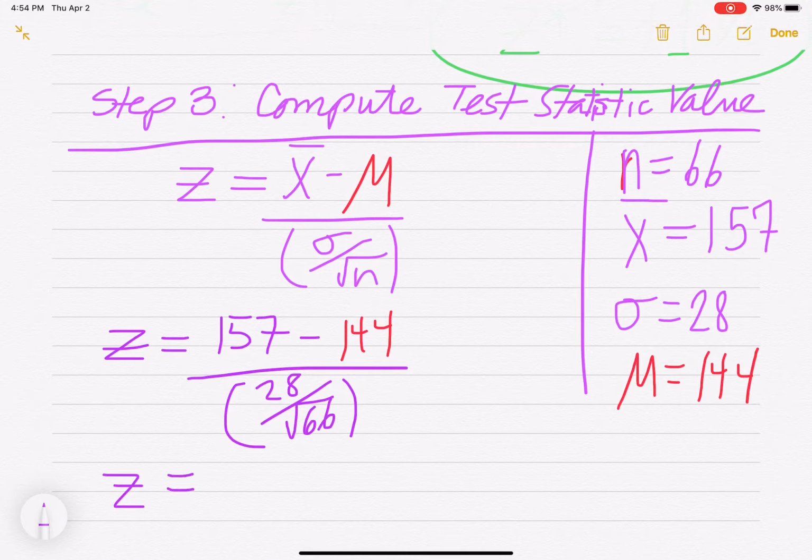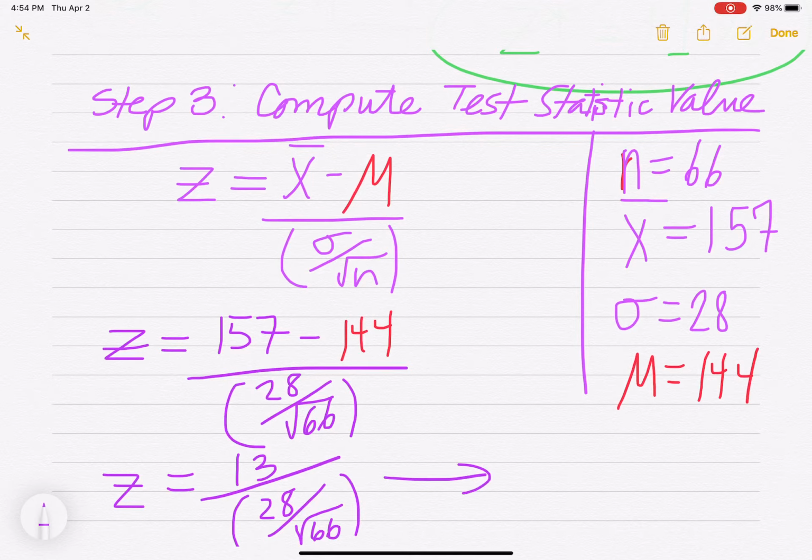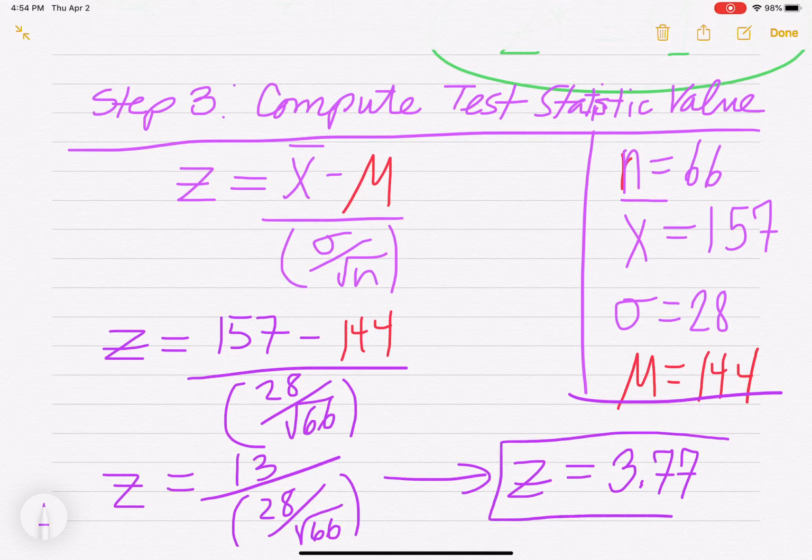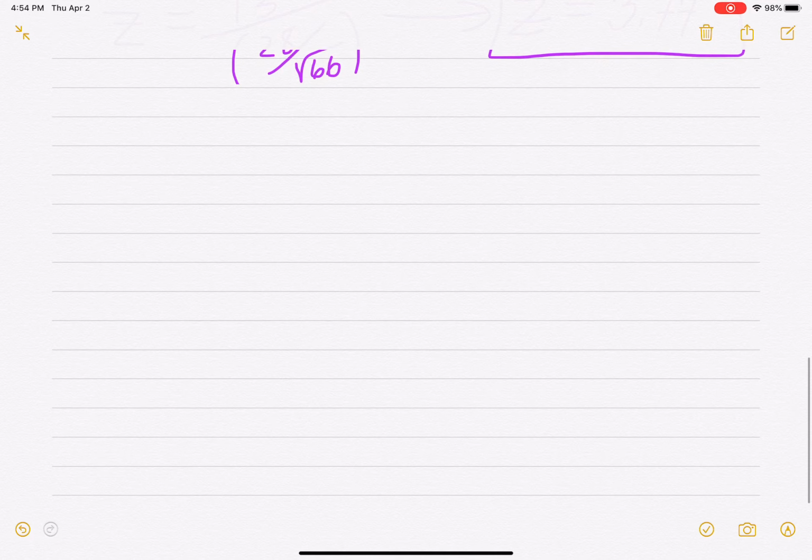It's going to be 13 on top, and on bottom we're going to have parentheses, 28 over square root of 66. So make sure when you plug in, you do 13 divided by parentheses, 28 divided by square root of 66, close parentheses, and the enter button. You should get 3.77. Take it to 2 decimal places when you round it. All right, so I got the third step. That's pretty straightforward, just doing that computation.